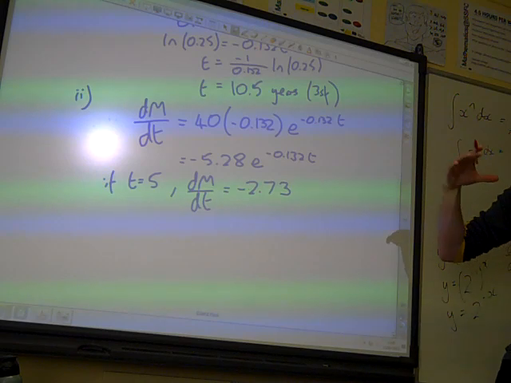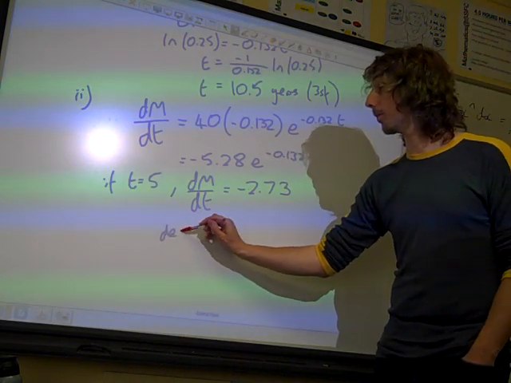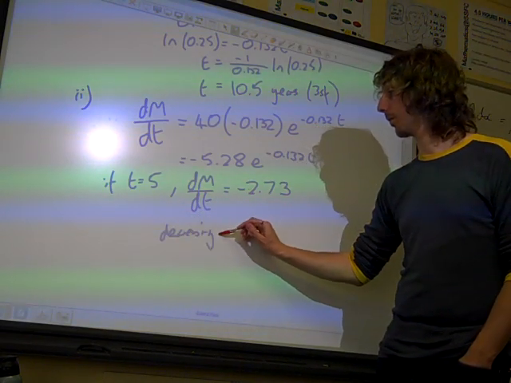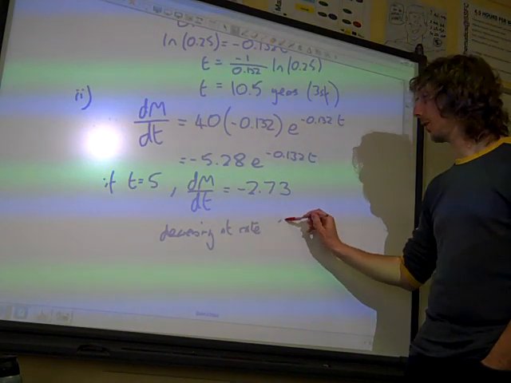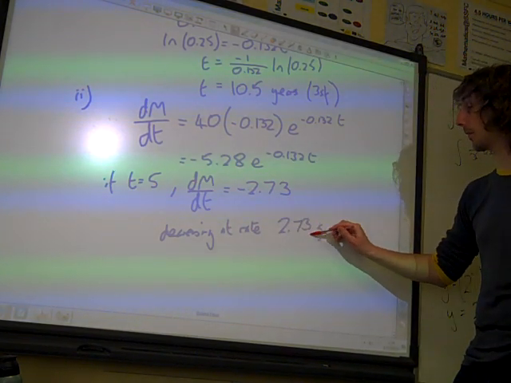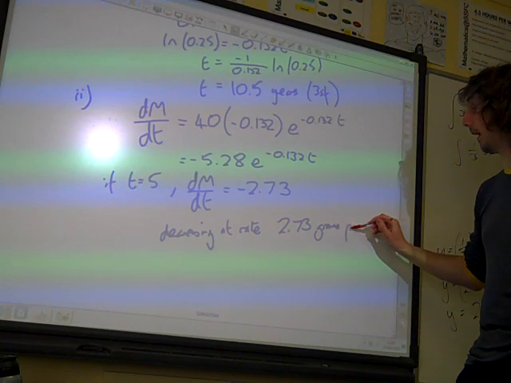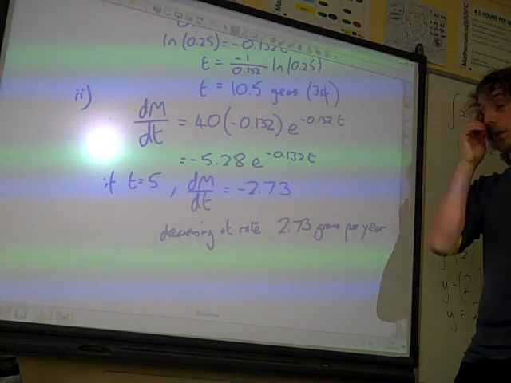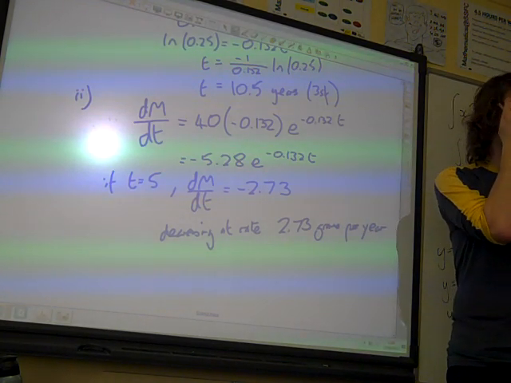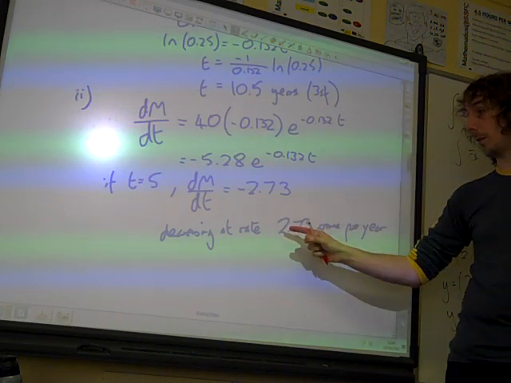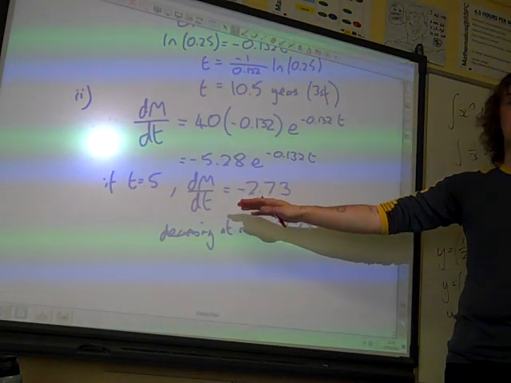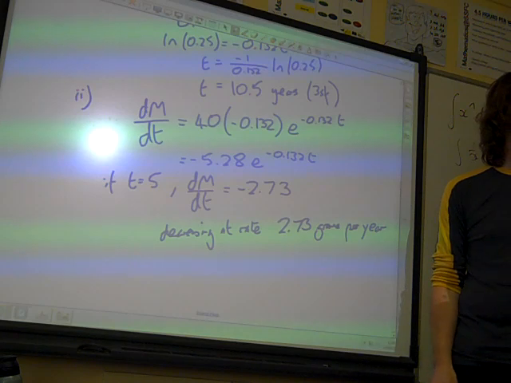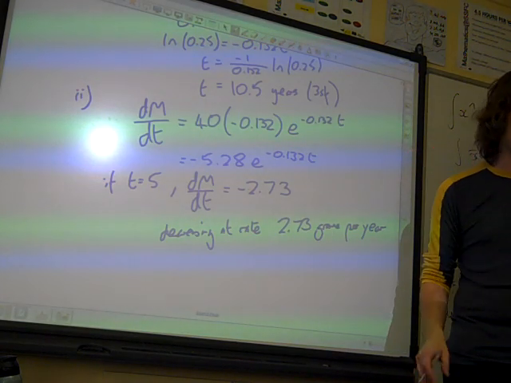So the rate at which it's decreasing is 2.73 grams per year. The rate of decrease is 2.73. The rate of increase is minus 2.73. There's a subtle little distinction to make at the end.